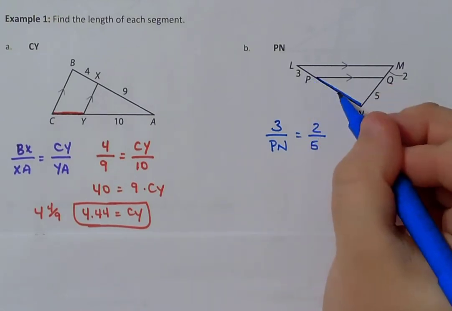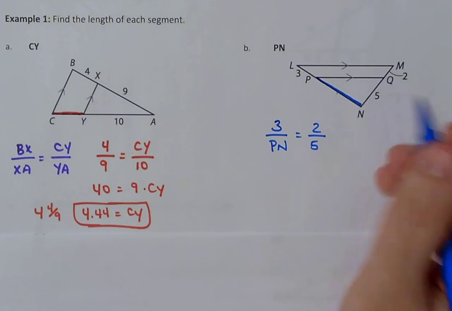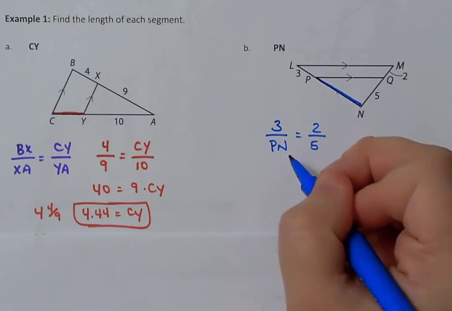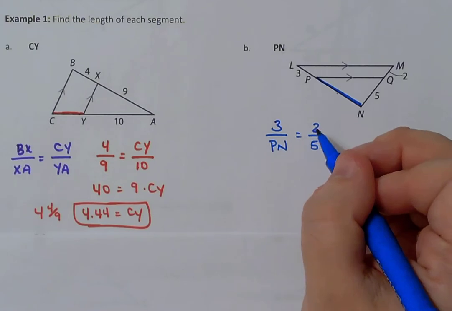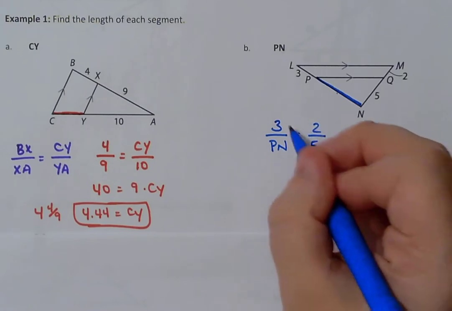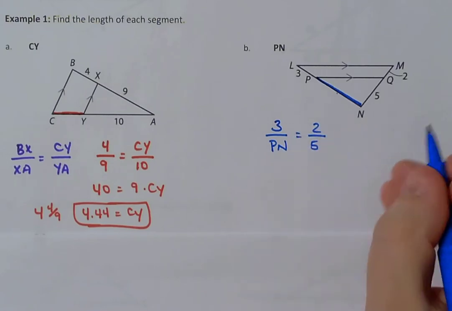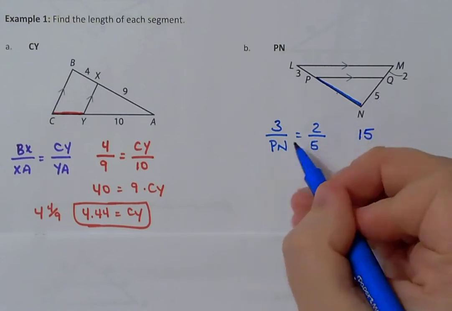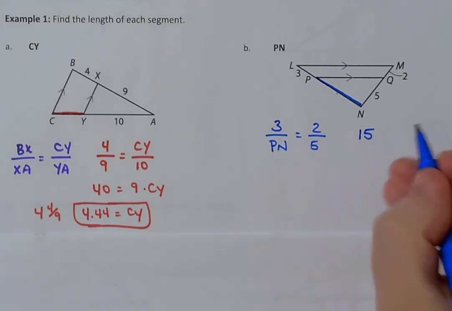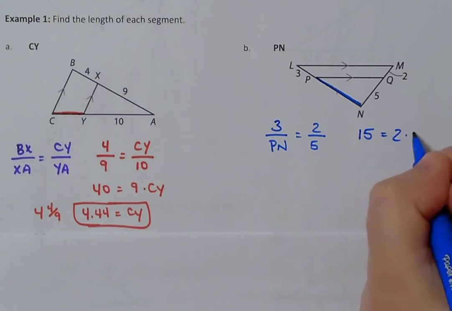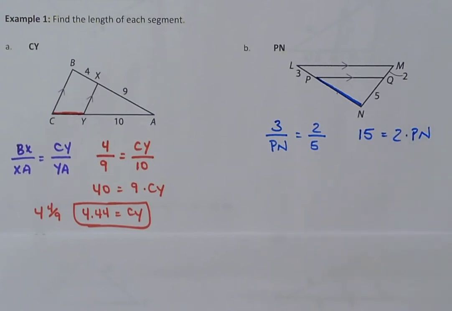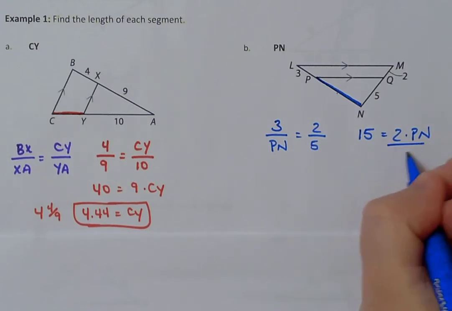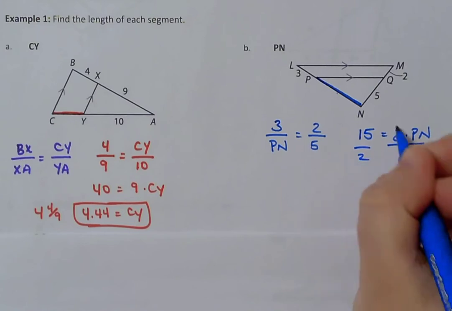Small over large, small over large. So if we cross multiply, 3 times 5 is going to give us 15. And then 2 times PN is going to give us 2 times PN. So we have 15 equals 2 times PN. So then all we have to do is divide by 2.